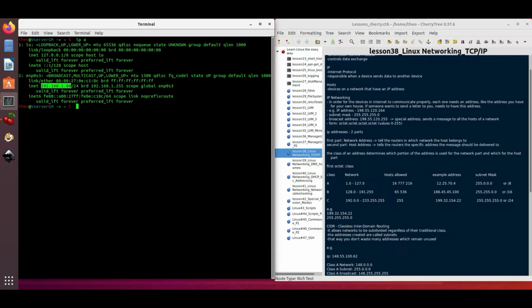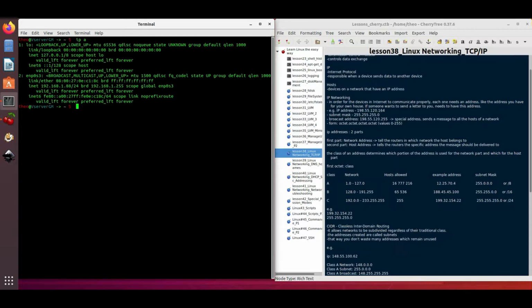For example, /24 means that the first part of the address, the network part, has 24 bits turned to 1. We'll see about it.